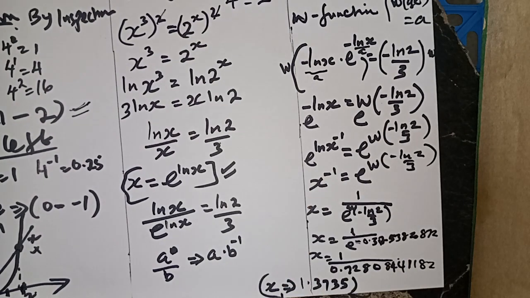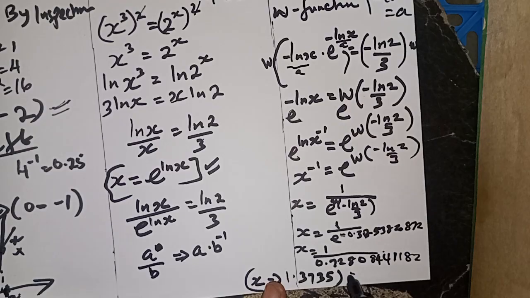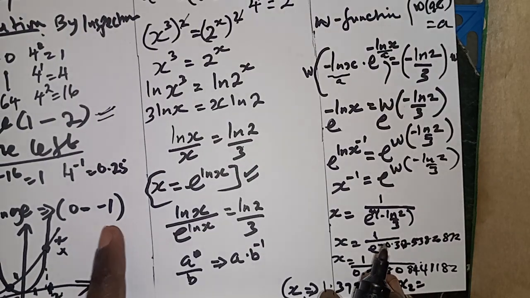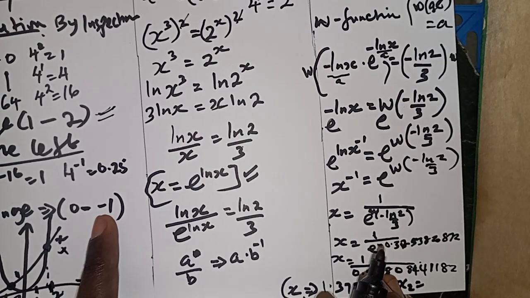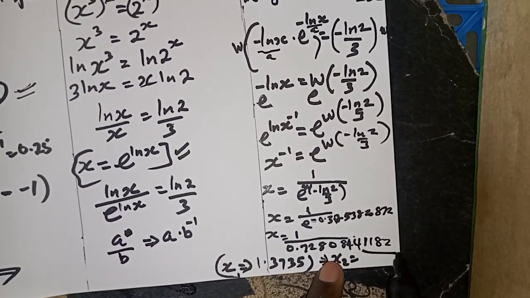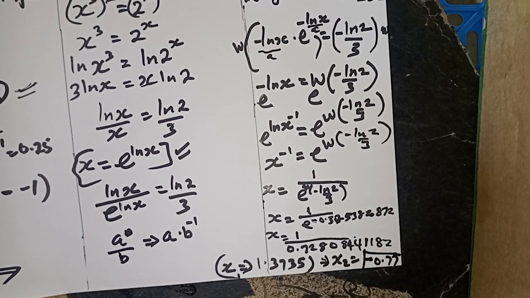And guys, I want you to try calculating the second value of x, and we shall get that the second value of x, which falls on the negative side, will be equal to negative 0.77. So the first one and the second one.